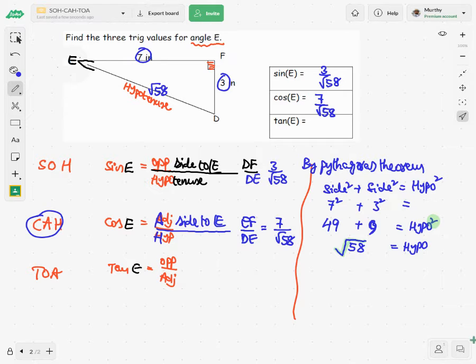Next, coming to the last part, it is the opposite side to angle E over the adjacent side to angle E. So just copy. Then what is the opposite side to angle E? During tests I prefer to draw this way using a pencil, then I erase it. So here I see that the opposite side is DF over the adjacent side. Friends, don't get confused.